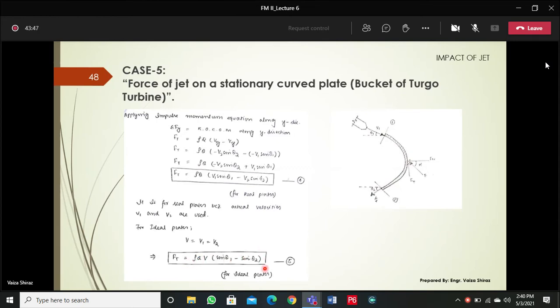Now please apply the previous discussion. We were trying that Fn should be as much as possible and Ft should be as minimum as possible. ये कम से कम होनी चाहिए। इस equation को देखें, how you can make it minimum. If you put θ1 and θ2 equal, say θ1 and θ2 both are kept as 5 degrees, same.